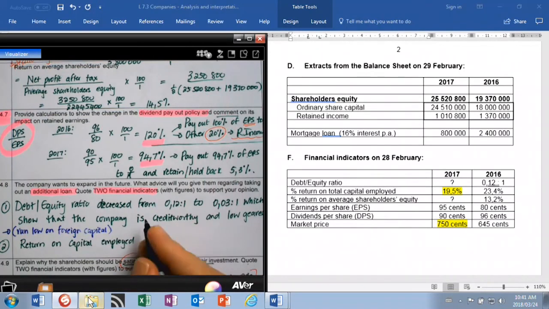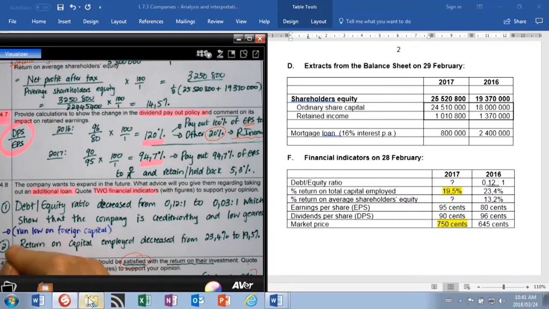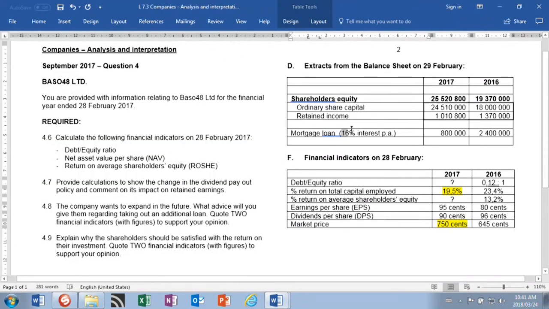Okay, we say decreased from 23.4% to 19.5%, although, I'm going to put it in, although return on capital decreased from 23.4% to 19.5%, it is still, okay, then you go there, 16%.